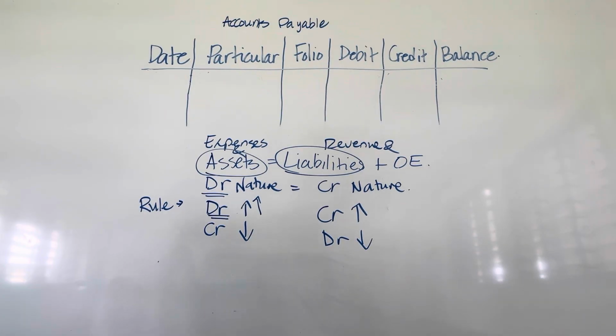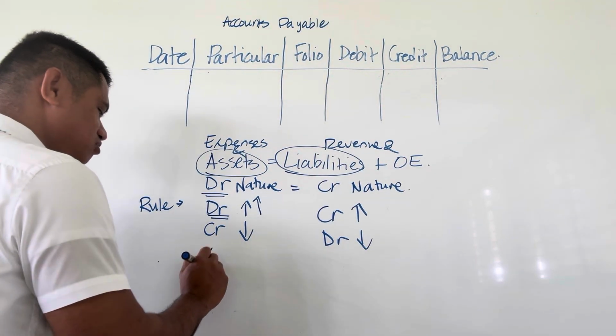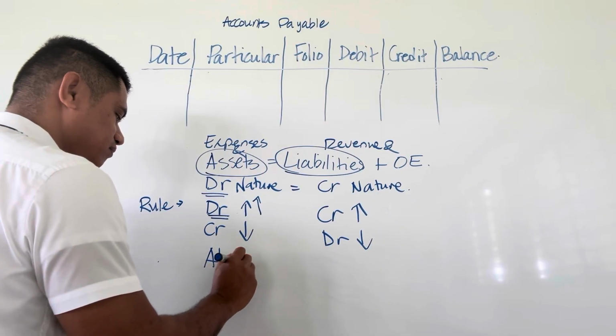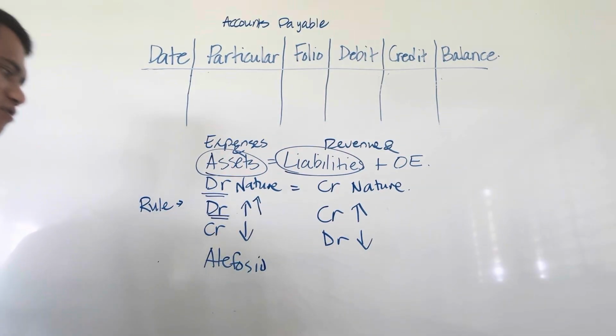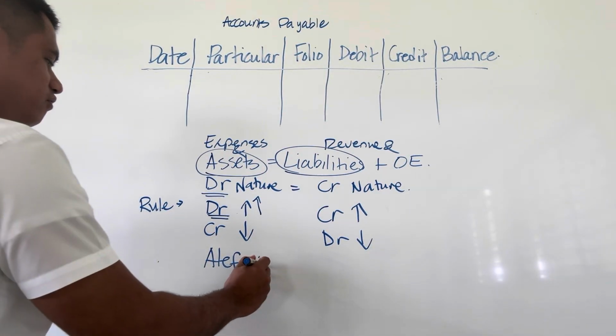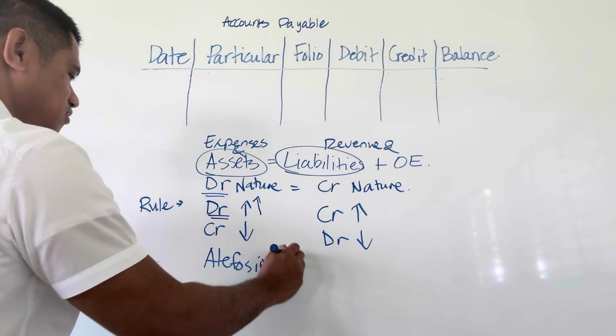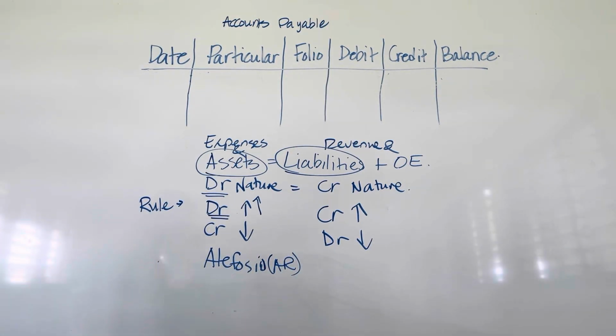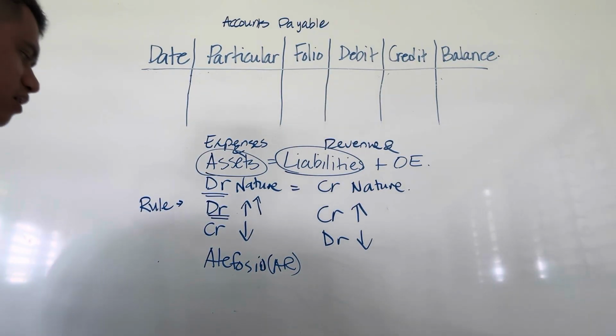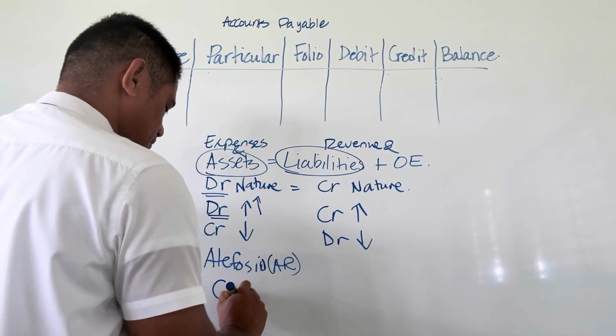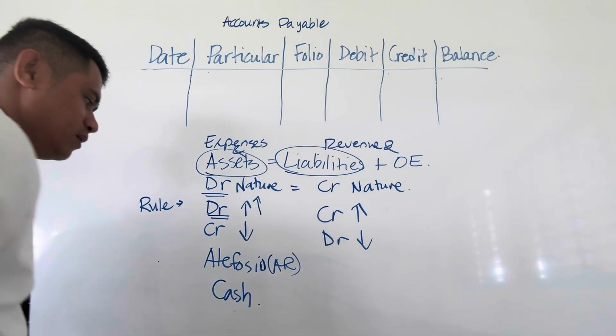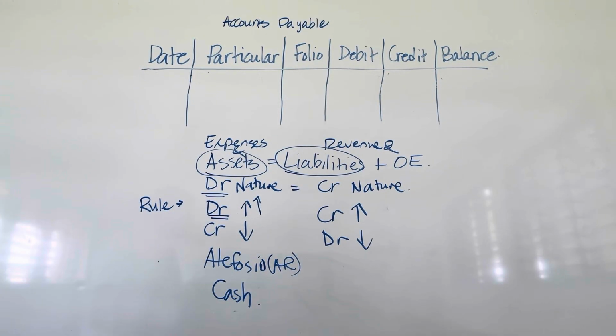So the accounts affected are Alifosio, the accounts receivable, and cash.